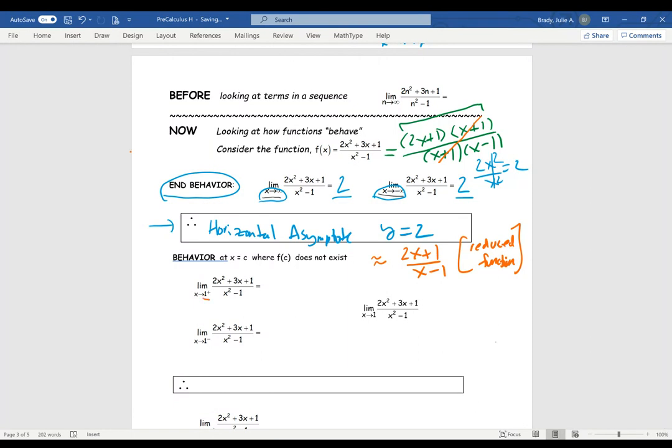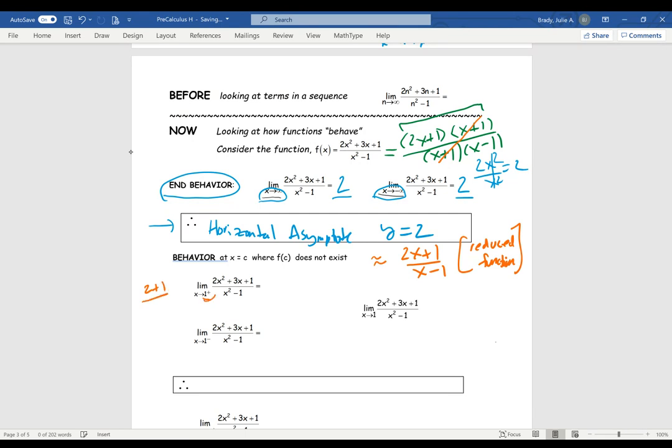Okay, so we're going to 1 plus. Let's just imagine we plugged into the reduced function. The only time we really care about using the pluses or minuses is if we're going to get a 0. Otherwise, we assume it's essentially the number. So 2 times 1 is 2, plus 1.